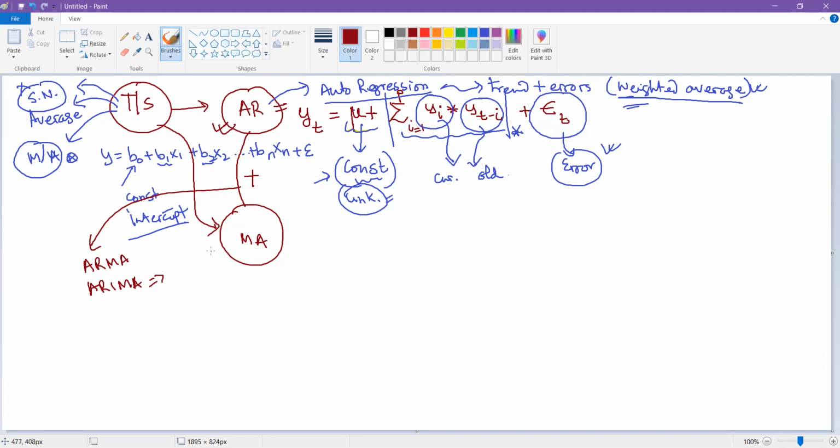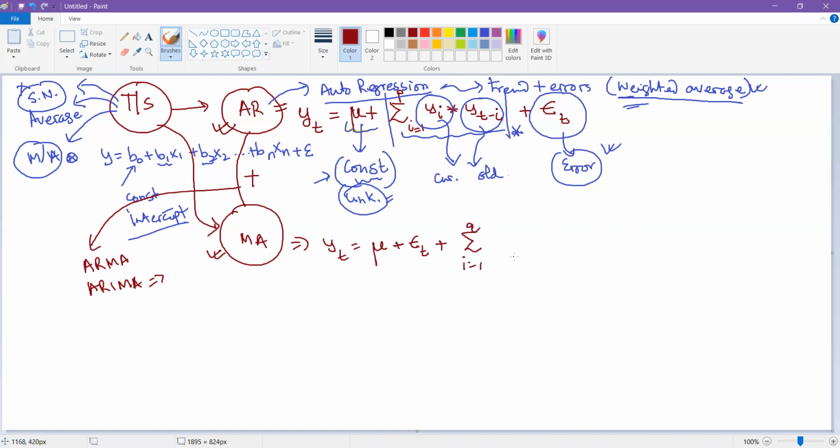Okay, so AR we have looked into. Let's look into MA. So what is MA is that to find any value of y at a given point in time t, I simply take that constant value mu, I add it with the error at time t, and then I take a summation, I equal to 1 to q.